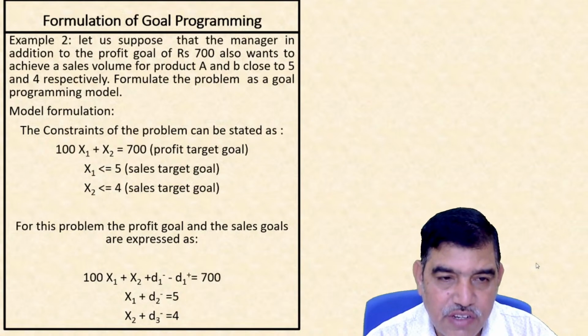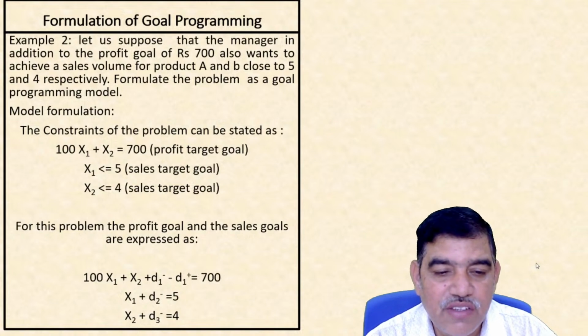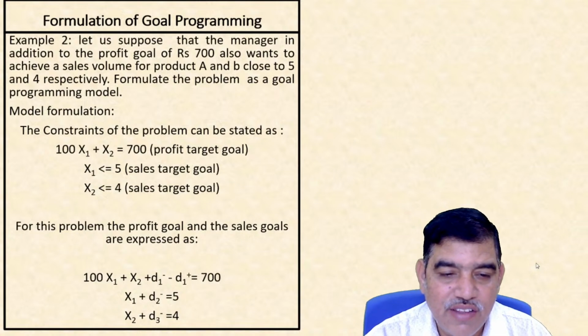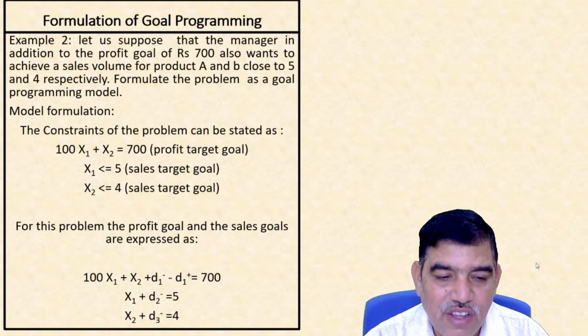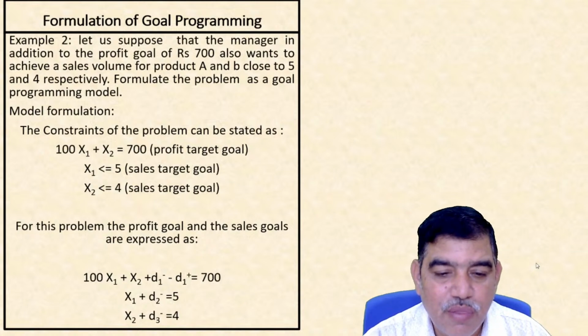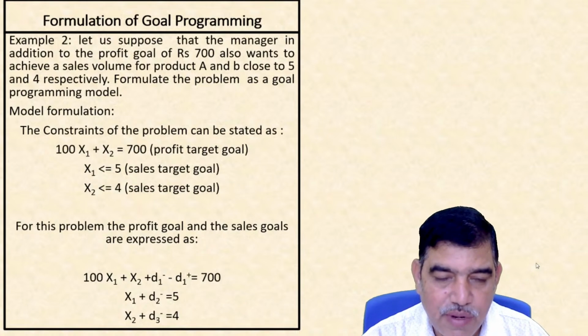In that feasible region, again we can follow the d2 minus, d3 minus, or d2 plus or d3 plus, where the feasible region is generated by using the constraint equations. That is very important. So in this way you can solve by using the graphical method.